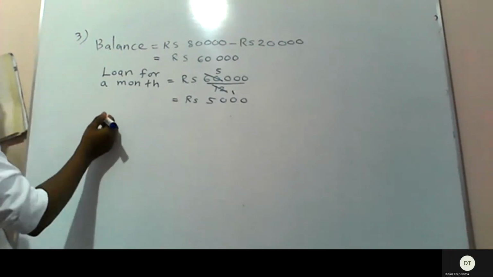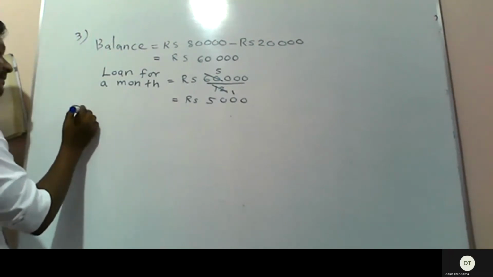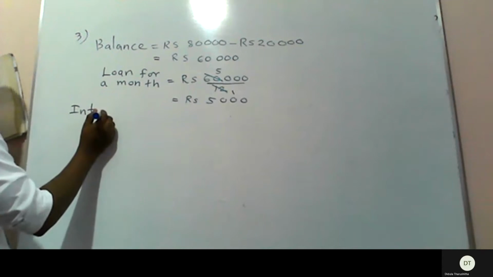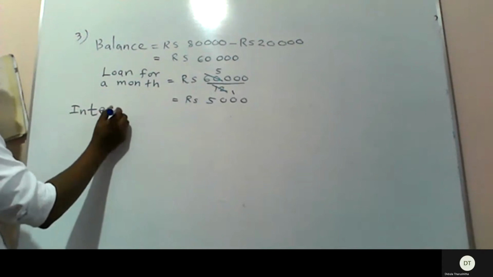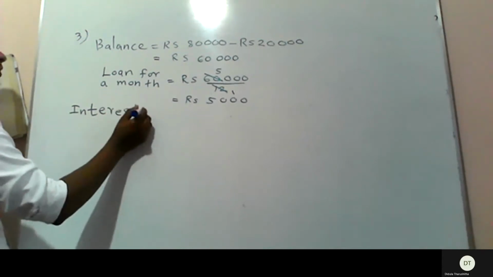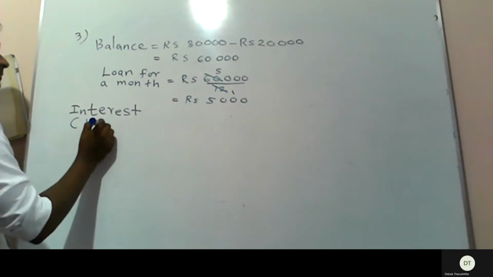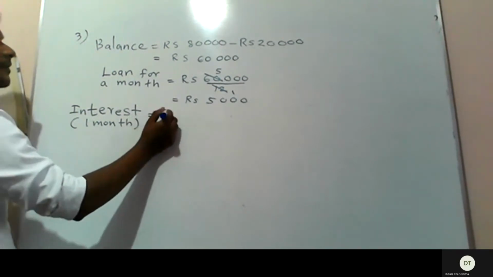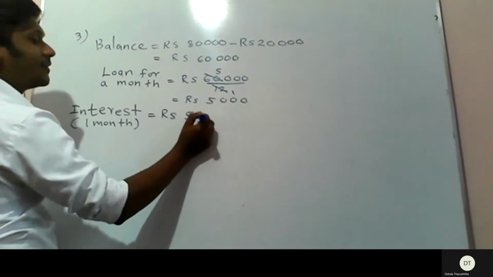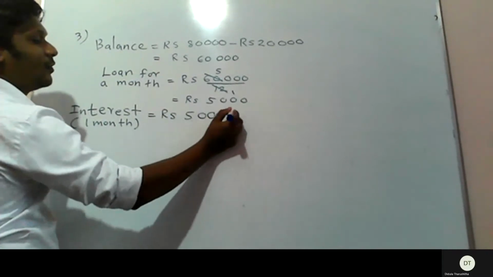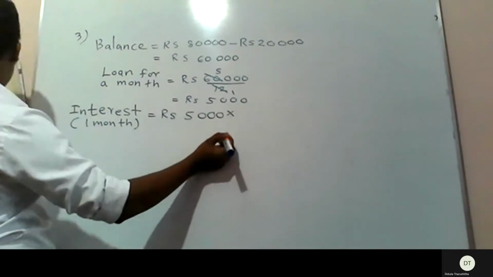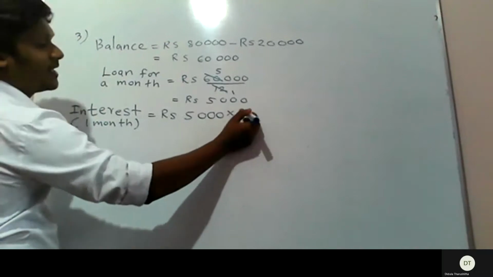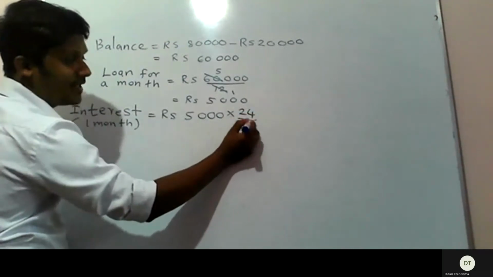Next one, interest for 1 month. Rupees 5,000 into 24%, which is the interest rate for a year.